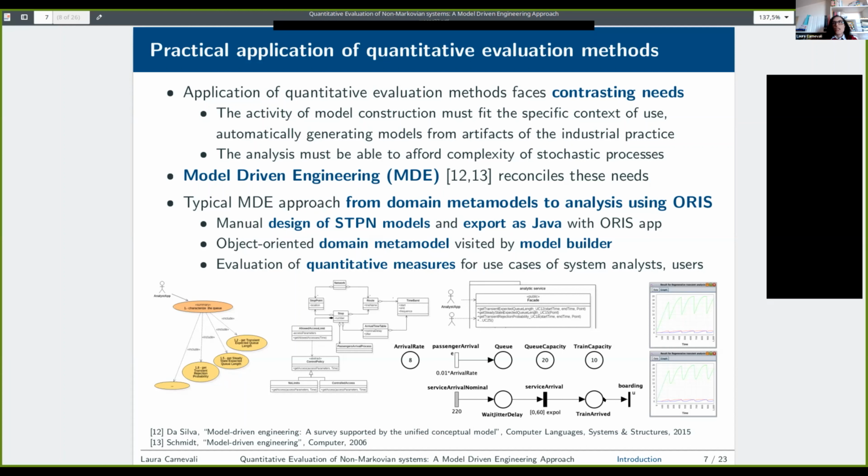Then we export the model into Java code, and then the program that we obtain can be easily extended to implement a model builder that visits a domain metamodel with the objective of collecting information concerned with the specific instances of the system of the model that we are considering. And in the end, this supports evaluation of quantitative measures for use cases of high level users, system analysts, and so on.